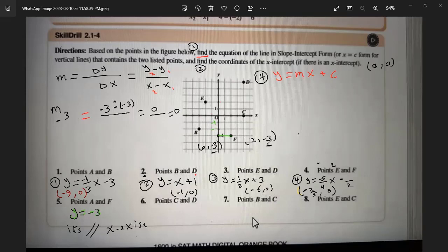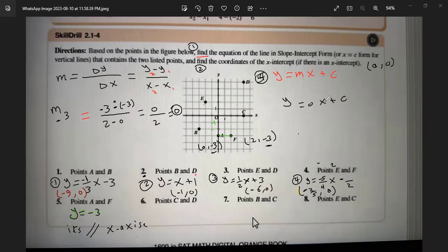y equals, this is our equation. Whatever we start with, 2 or 0, no problem. So 0 over 2 is 0, so our slope for number 5 here is 0x plus c. And it's very easy to find c here because we have the points with y equal -3.